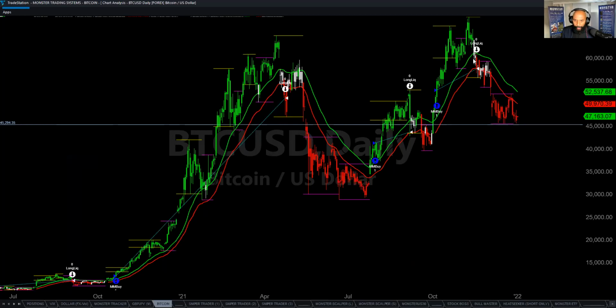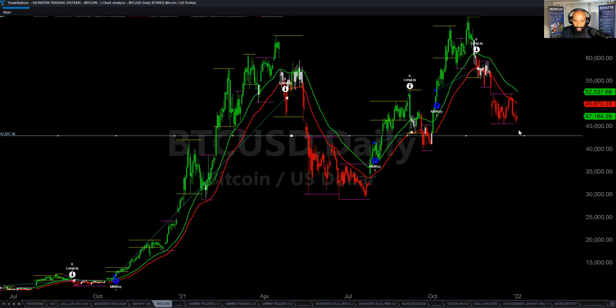Okay, so we're in the markdown phase. Markdown phase, red candles, not good for Bitcoin. We're below this moving average. We've got lower highs, lower lows, so it's going to test this support area right here, this purple line.